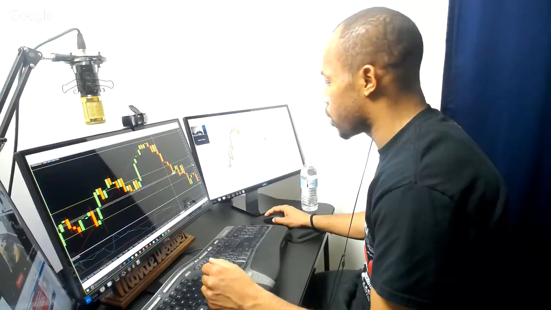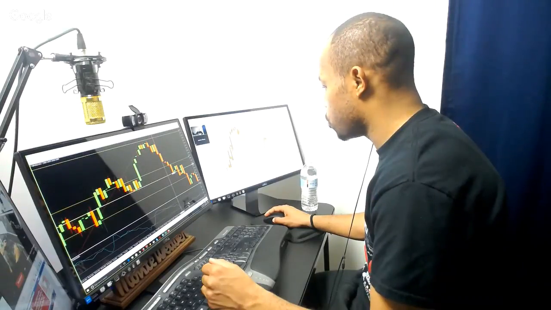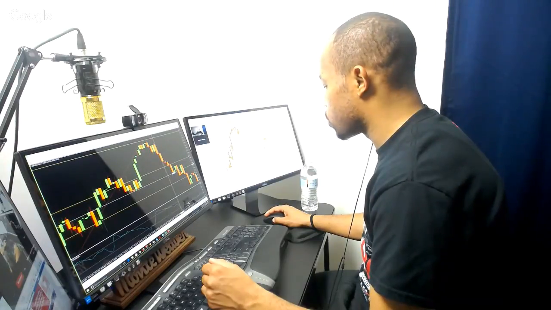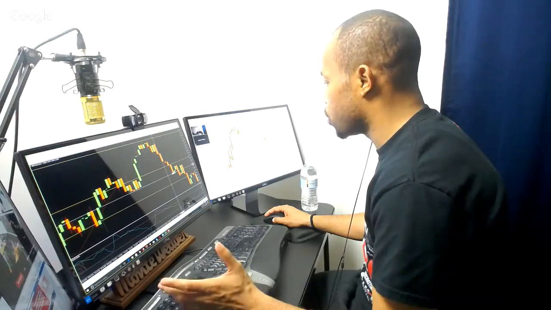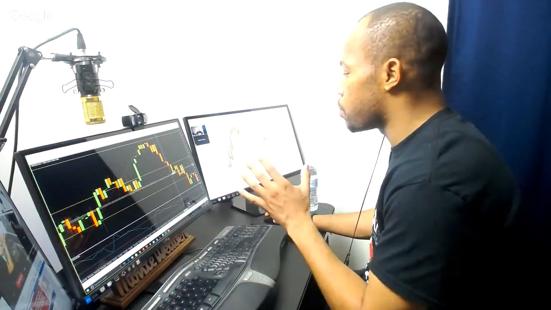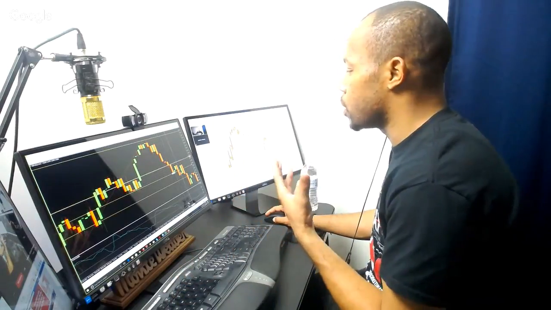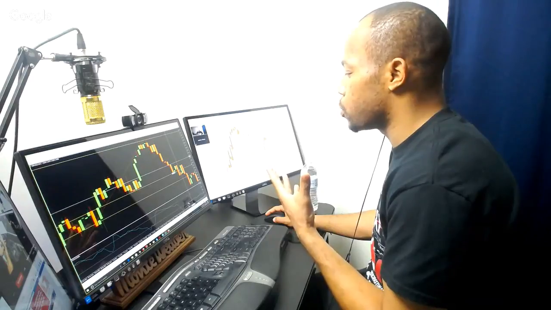The difference right there is from 152.15 to 153. So you're looking at an 85 pip move just from buying off the 50 level and selling back up to the 38.2 level.